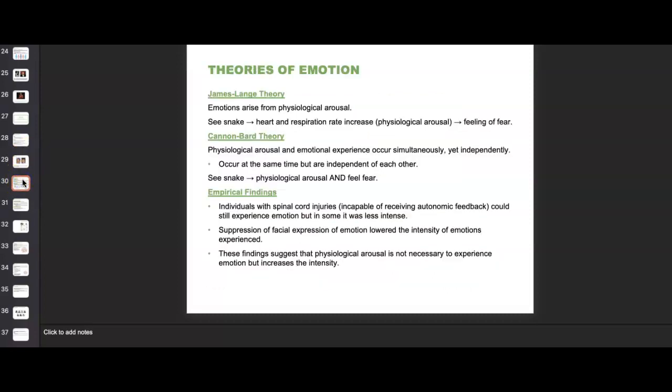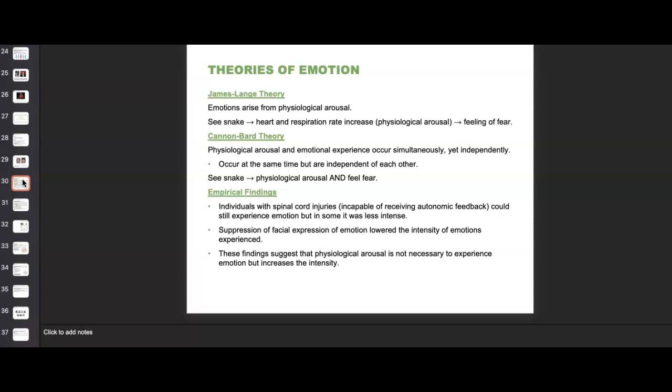Now, there are 4 theories of emotions we're going to cover, and then your last 2 questions for this chapter are going to be focused on those 4 theories. So the first theory of emotion was the James-Lange theory. James and Lange were 2 psychologists that believed that emotions arise from our physiological arousal.